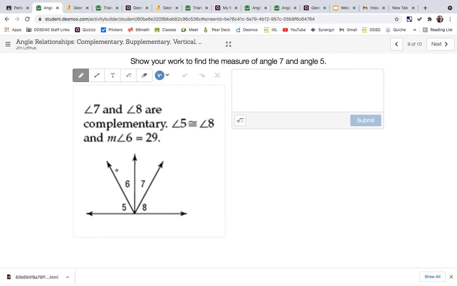So if this is 29 and this one equals this one, and 7 and 8 are complementary, that means that they add to 90, and so 90 minus 29, 61. So 5 is 61, and 7 is 29, and 8 is 61.